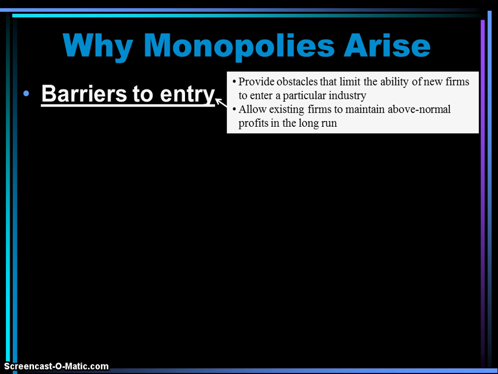Because if market supply of the product increases, the price will be driven down and those profits will be dwindled away, for lack of a better way to describe it. So with a monopolist, if the monopoly is able to earn profits and keep other firms out, they're going to be able to continue earning those profits in the long run.